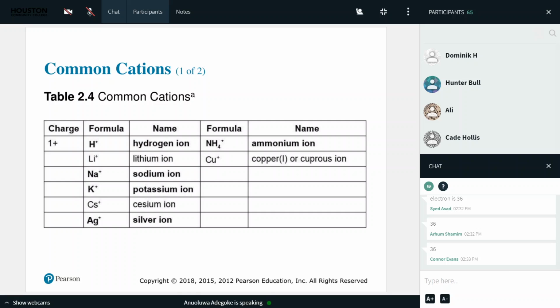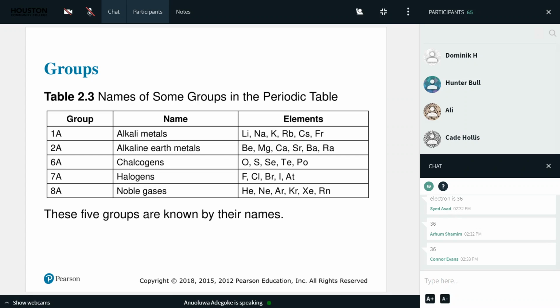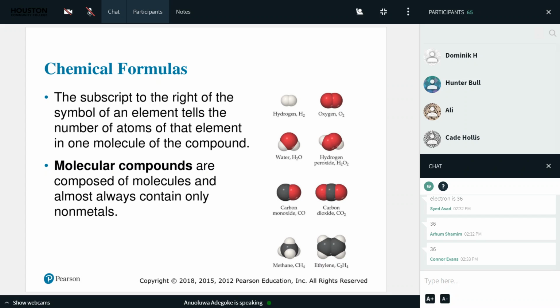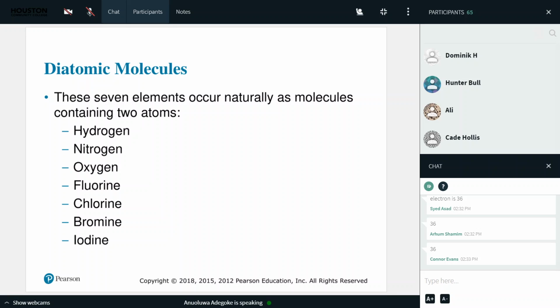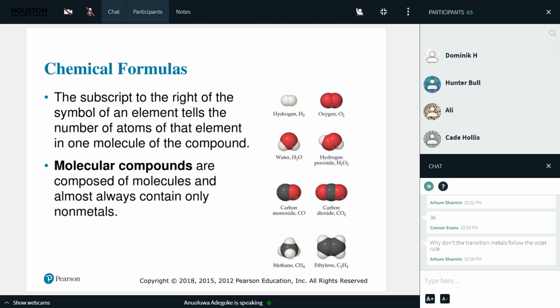So these are the common cations that we talked about. I think we talked about this.